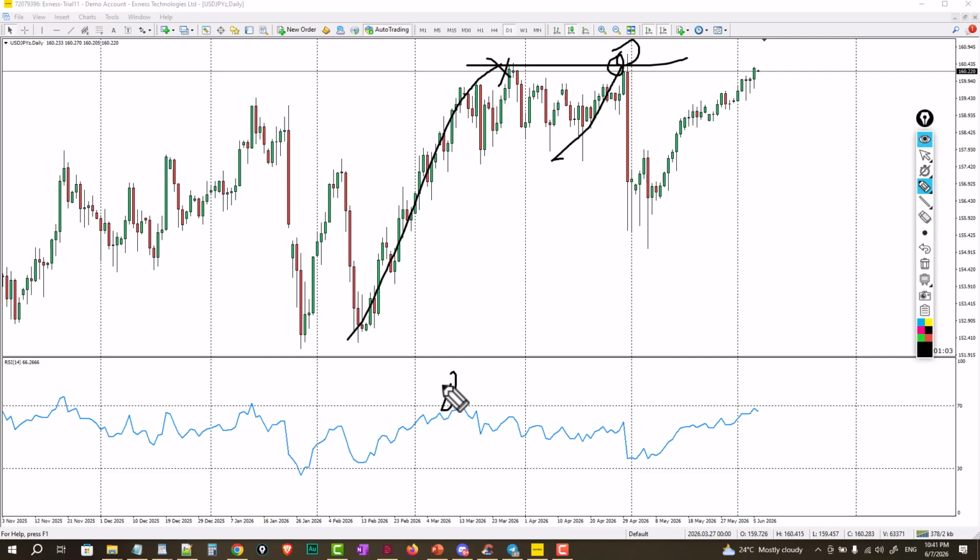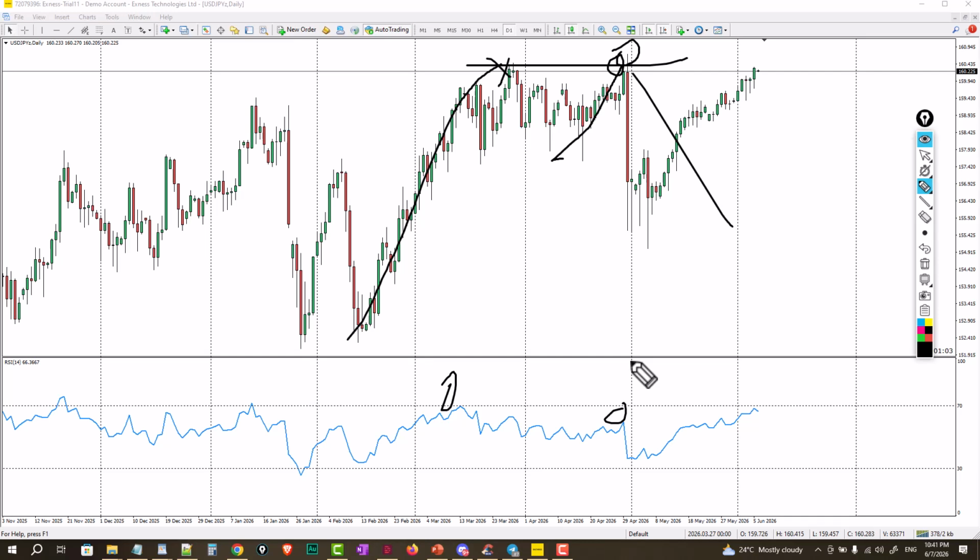So I knew there was going to be divergence, and this was our signal to short this trade, because when you see regular divergence, that is an indication for you to take a counter trend trade. A counter trend trade in this case is going to be a short trade because the market was in an uptrend. But since we started seeing signs of weakness in the market, that was our cue to know that the momentum of the bulls was starting to weaken.